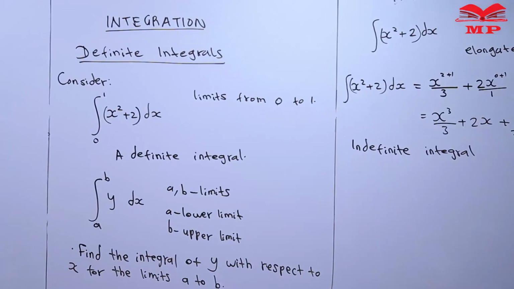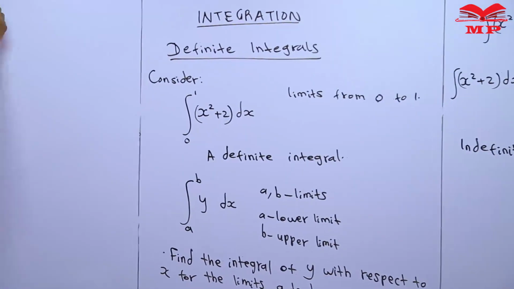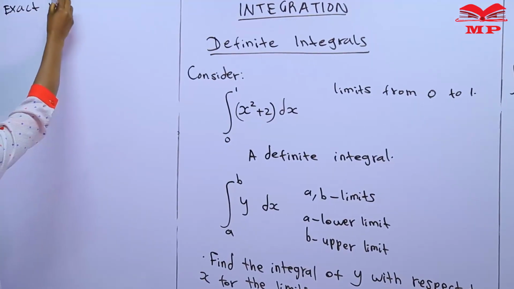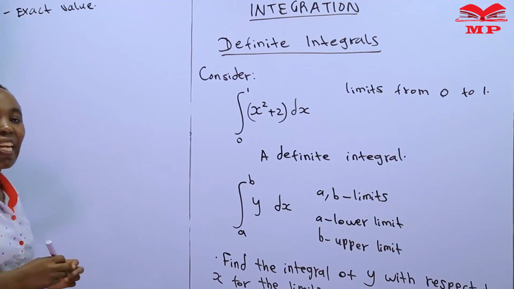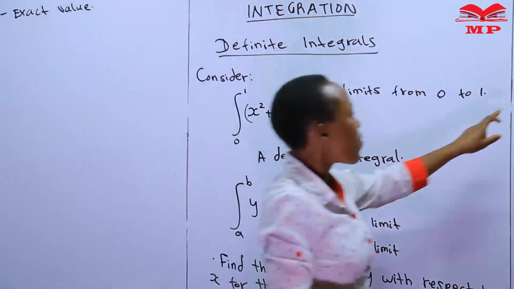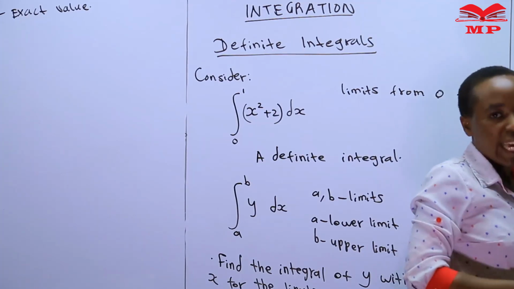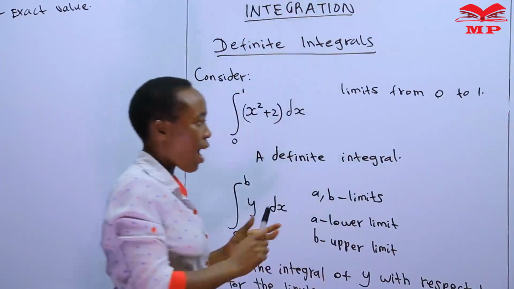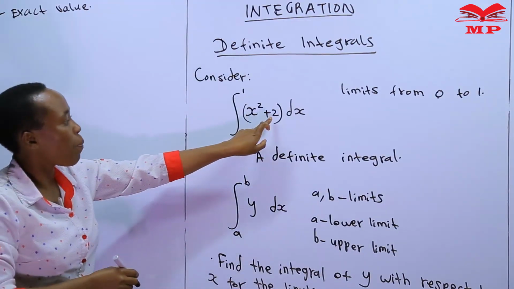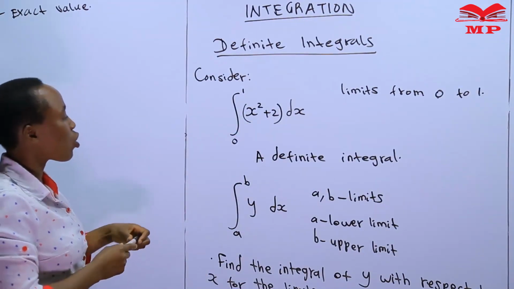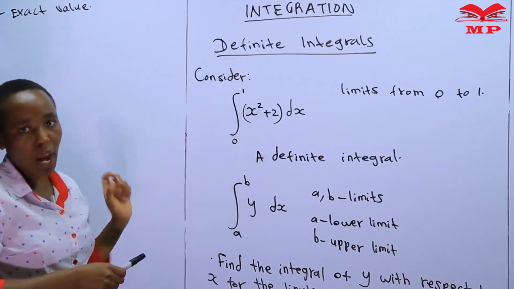So in this case, we are going to get an exact value, unlike in the indefinite integral, whereby we got this. This is not the exact value. So we are going to solve the same x squared plus 2, which is our gradient function, but now we are going to have these limits from 0 to 1.